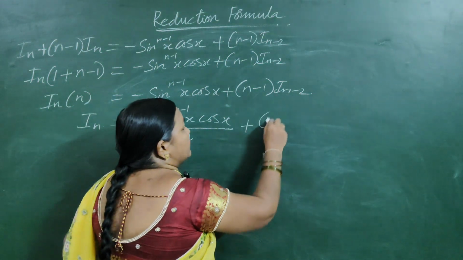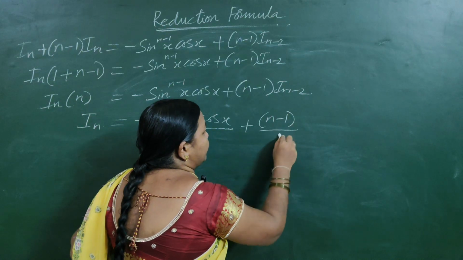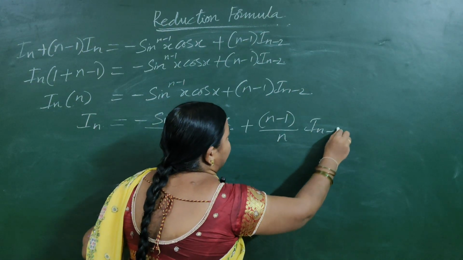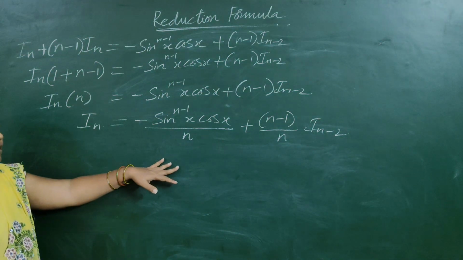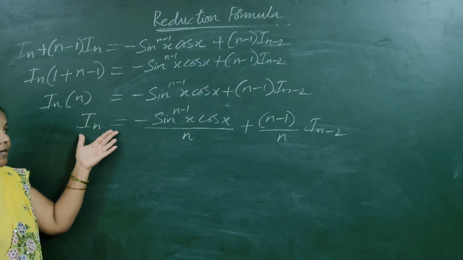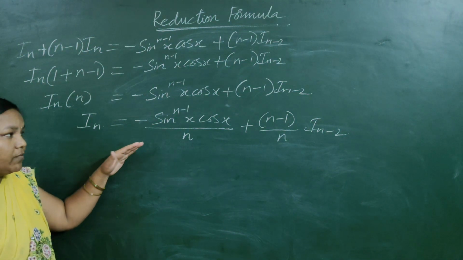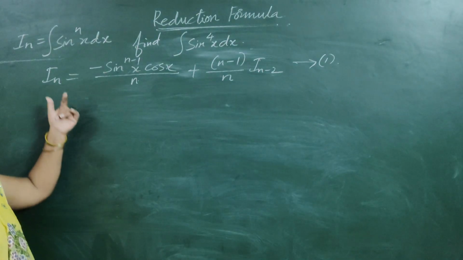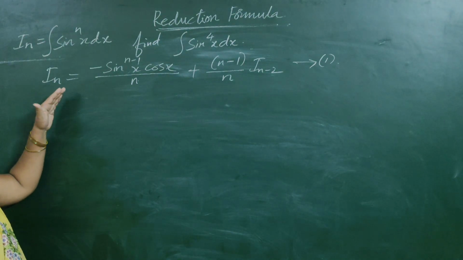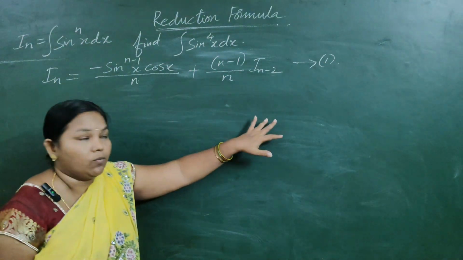Next plus n minus 1 by n into I n minus 2. See here, this is the answer for I n, that is I n equal to integration of sine to the power of n x dx. This is the answer. Here we got the I n value and we are taking that as equation 1.